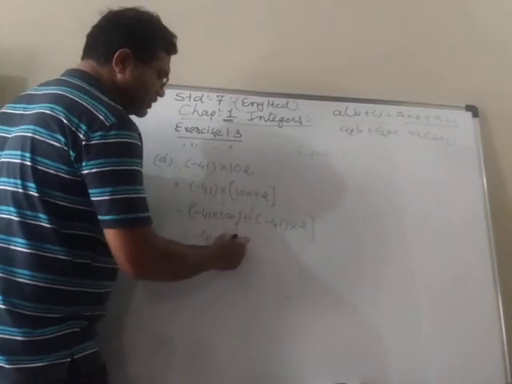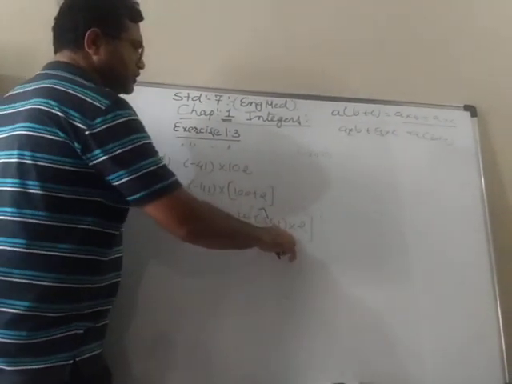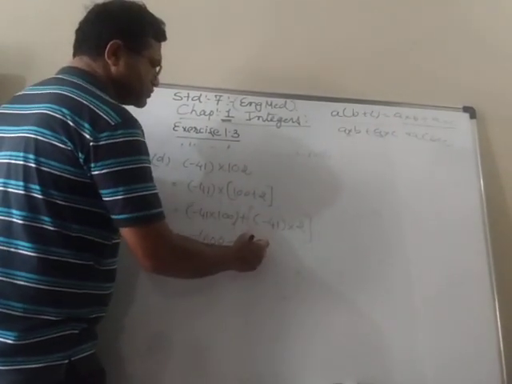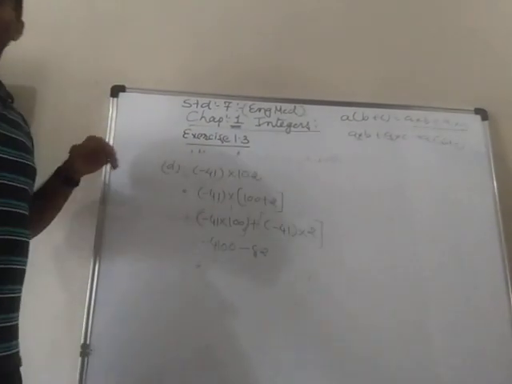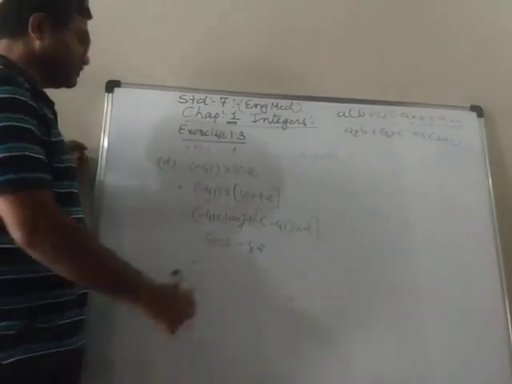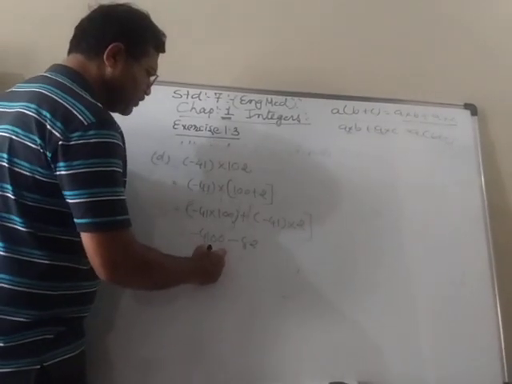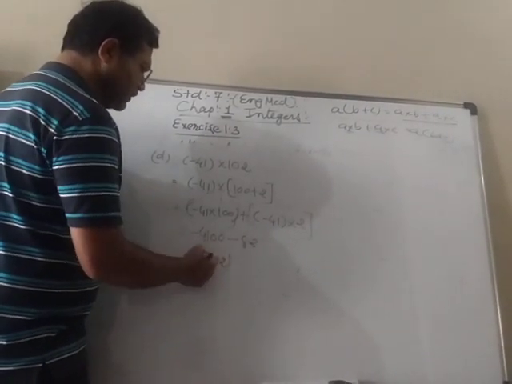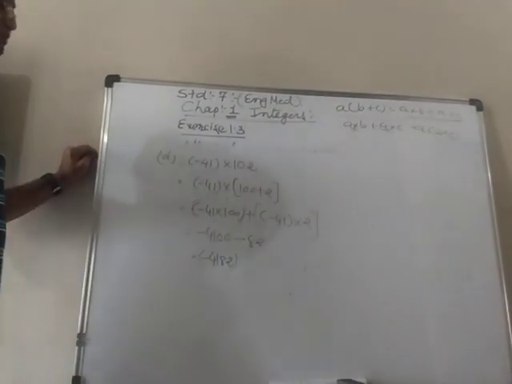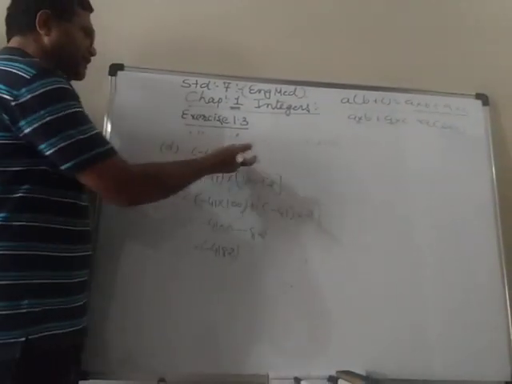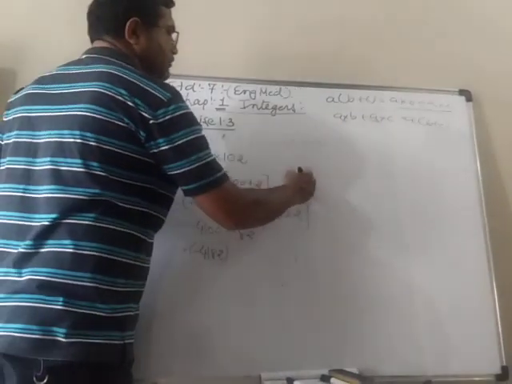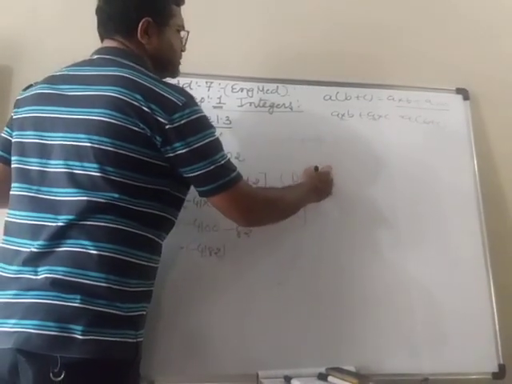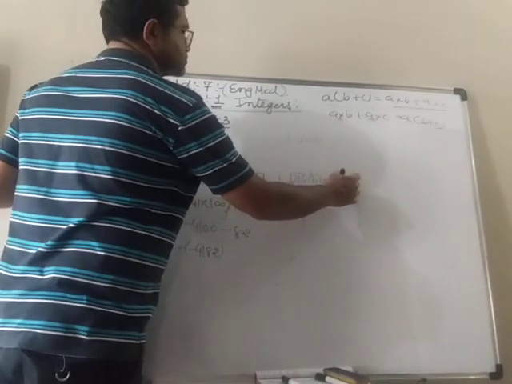Plus minus here will be minus 41 2s are 82. So now both are negative, we have to add them. So the answer will be minus 4182. So if you do it directly, then you will be struggling. So rather we have to use this distributive property.